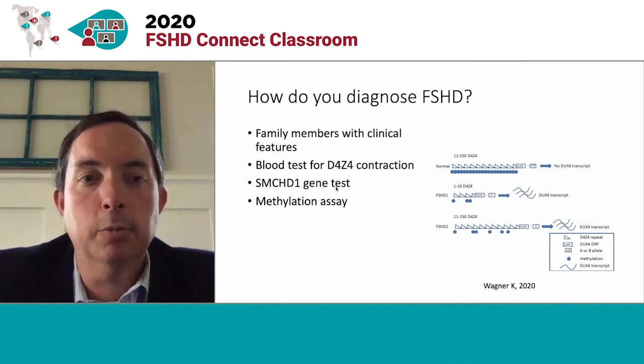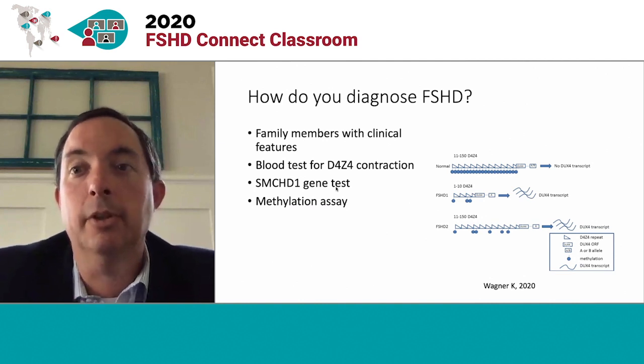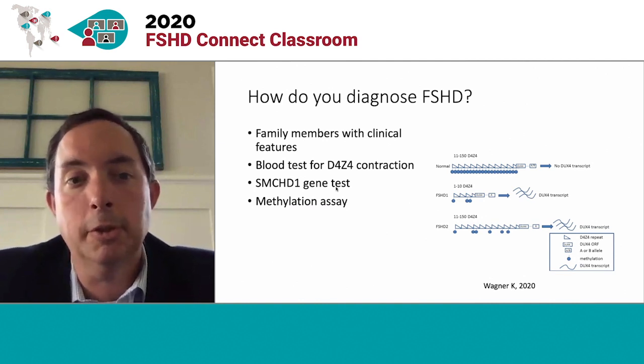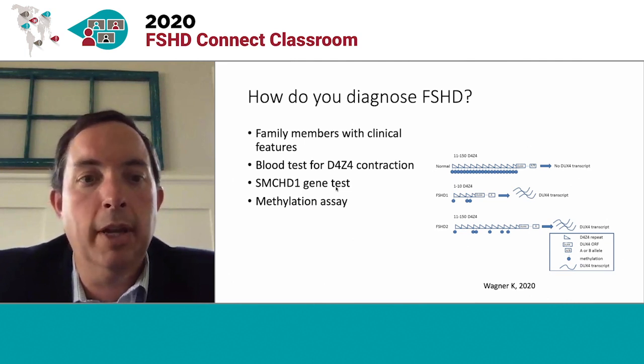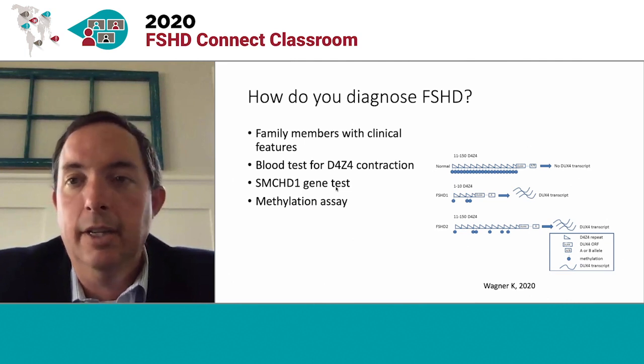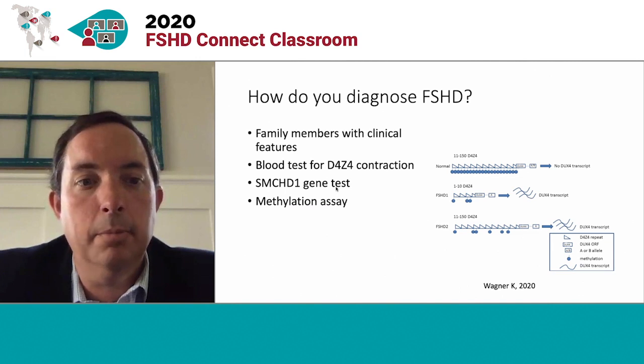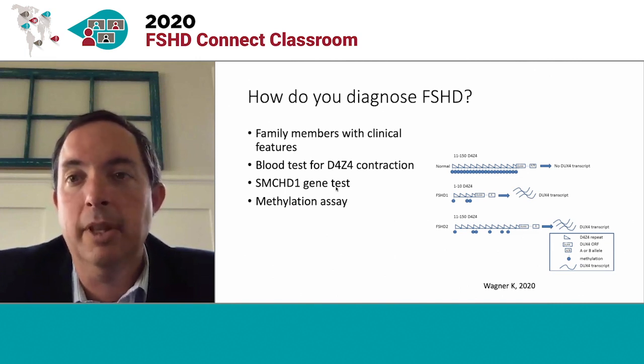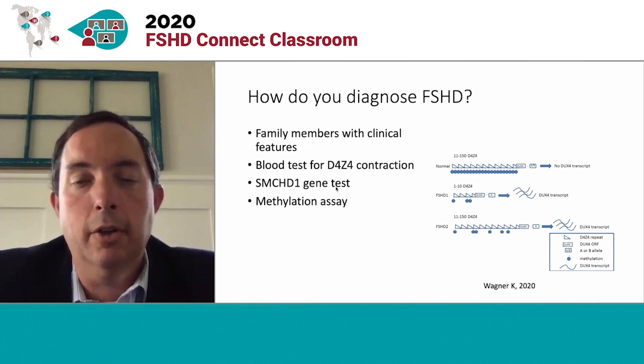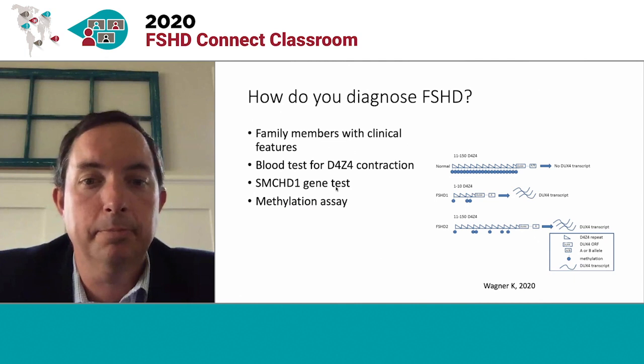So sometimes we'll see somebody who we think has something like limb-girdle muscular dystrophy or a different form of muscular dystrophy, and then we'll do that genetic testing. And in fact, it shows a mutation in SMCHD1, which would be consistent with FSHD2, assuming that the clinical signs and symptoms are corresponding to that.